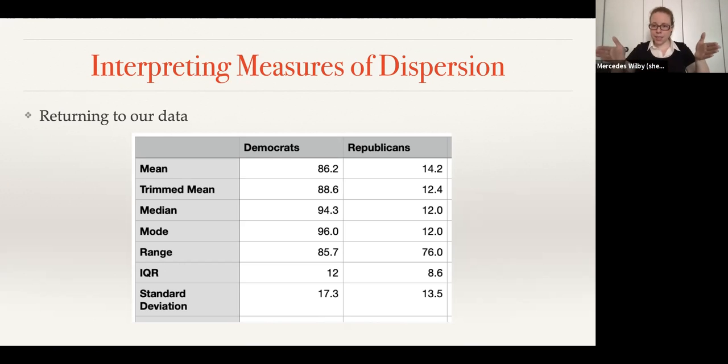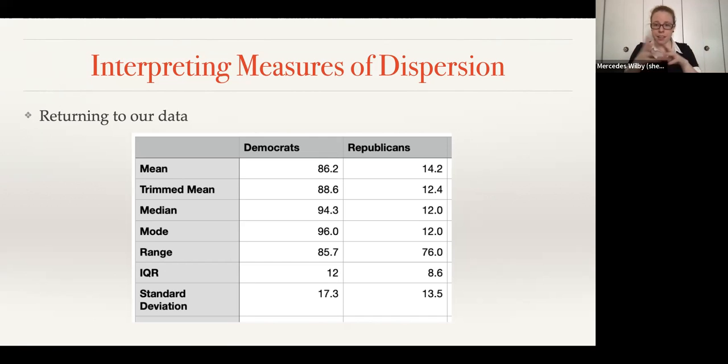But if the party means move apart, we would have to do this calculation for several different points in time, right? And then we can see if the party means move apart and our maybe standard deviations shrink. Now, because of those couple outliers, those couple unusual votes, and the fact that the Democrats seem very, very clumped, except for that one outlier, it may make more sense for me to use the median and the interquartile range, because those are going to be less sensitive to outliers, and calculate that over time rather than our mean and our standard deviation.